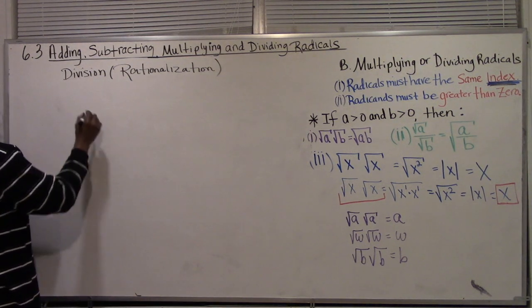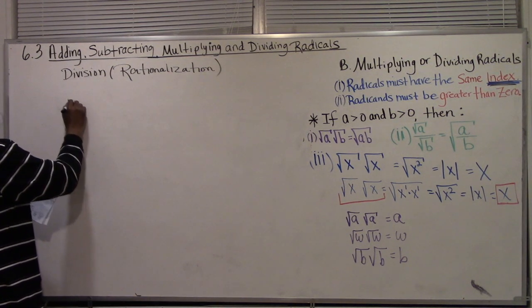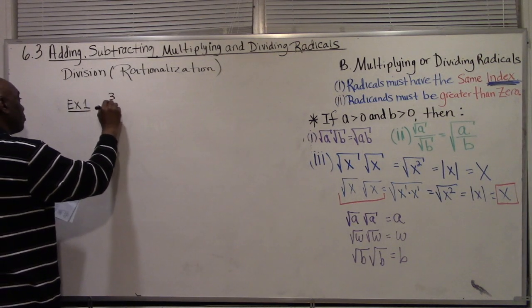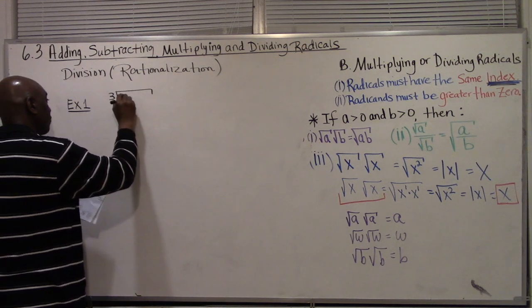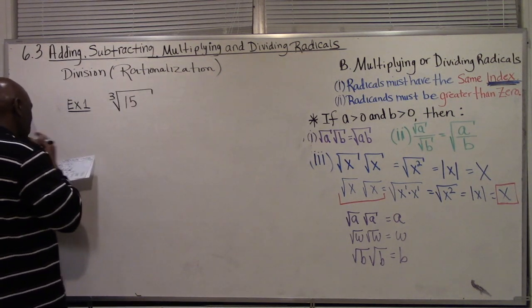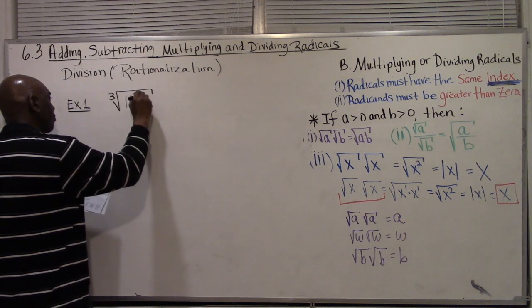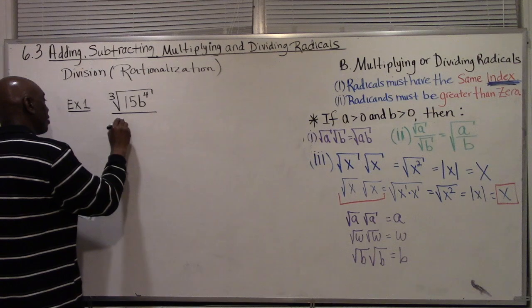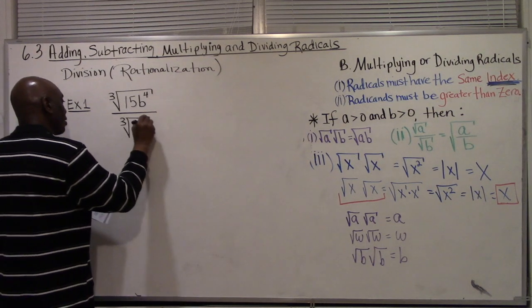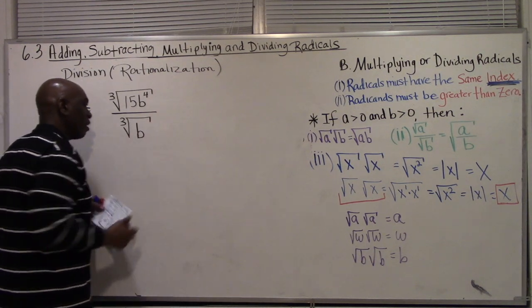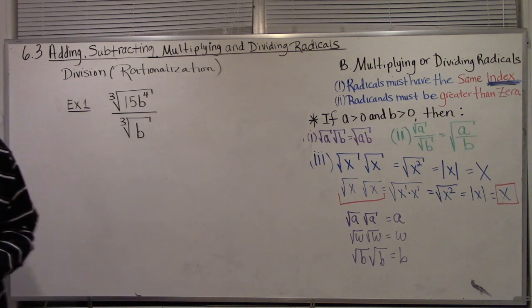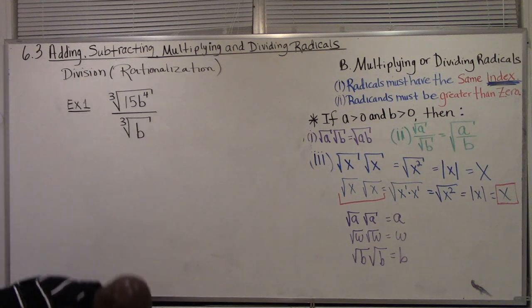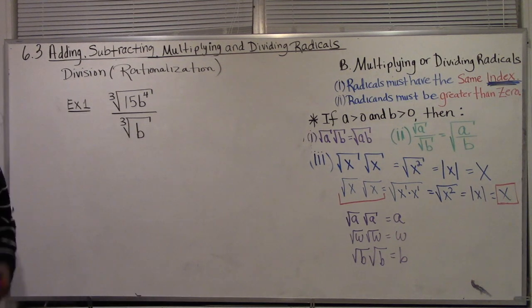All right. Let's say example 1. We have the cube root of 15 b to the 4th divided by the cube root of b. In this case, we're going to do exactly what the rule tells us to do.